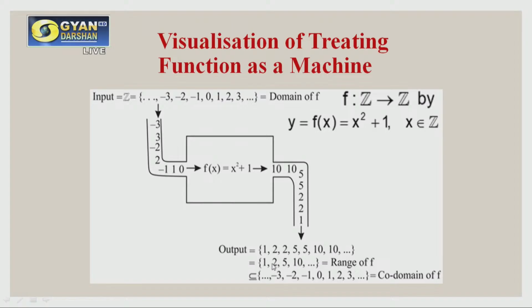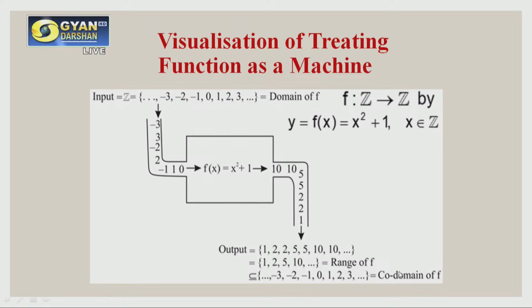When we write all the outputs in a set, that set is known as the range of the function. Now this range is nothing but a subset of the set of integers, because all these values 1, 2, 5, 10 sit somewhere in the set of integers. So this is known as the codomain of the function.